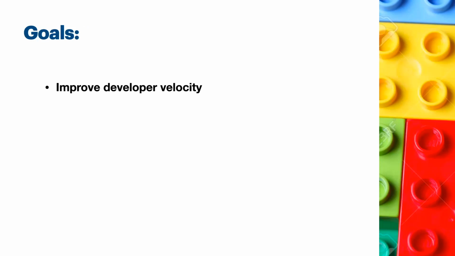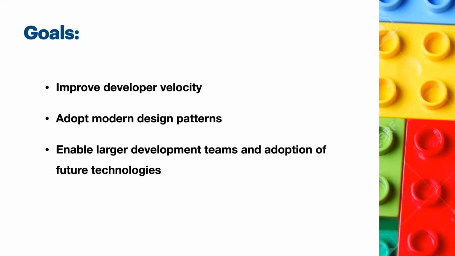The goals were, number one, improve developer velocity, start shipping features faster, but also adopt modern design patterns, bring some of the patterns in our app to be more in keeping with current mobile development practices, and really enable larger teams. Obviously the mobile teams at Slack have grown a great deal since the company started, and we hope they're going to grow a bunch more.